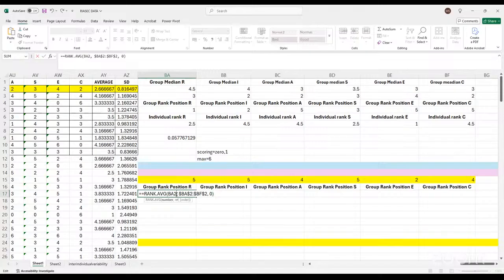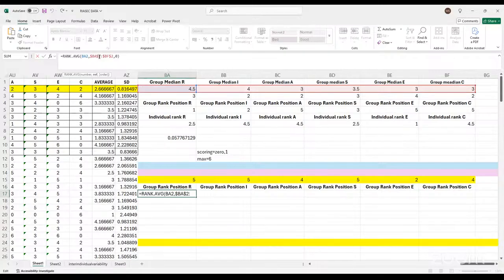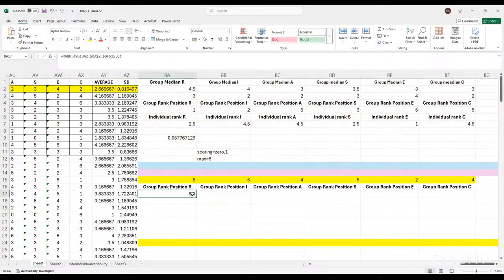So this is BA2, BA$2, BF2. One mistake. This is BE15. This is wrong.